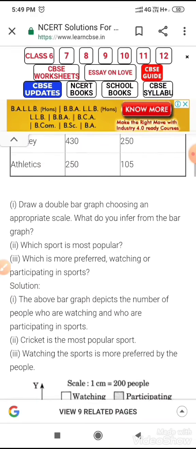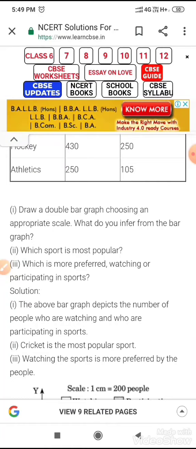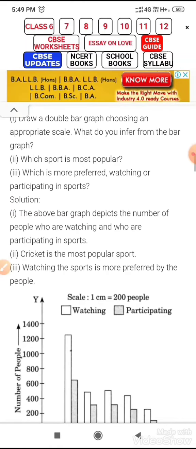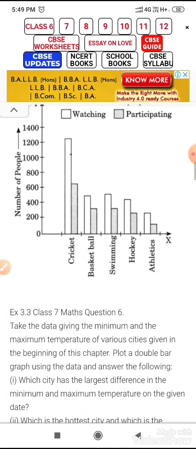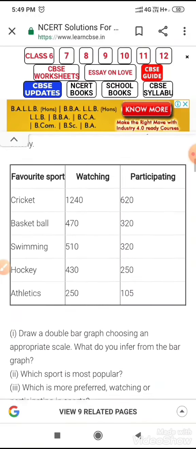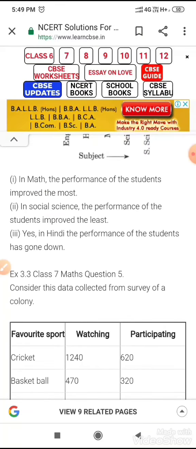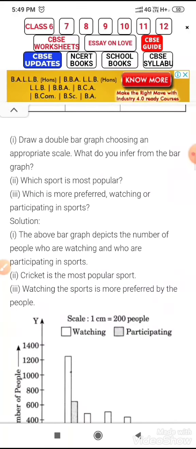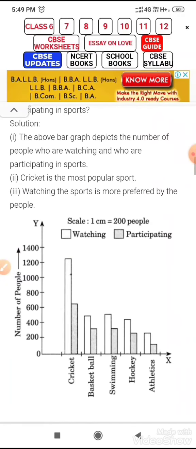First we have to draw a double bar graph for this using an appropriate scale. Then we have to answer some questions from our graph. As you drew a double bar graph in question number three, in the same way you can draw the bar graph for this question also. So do this question.